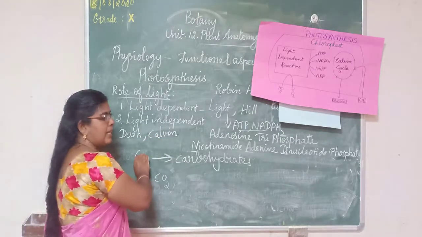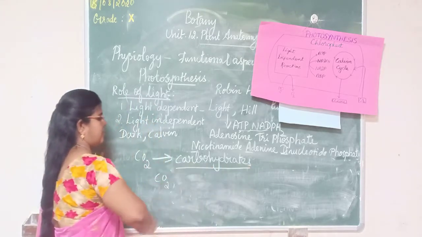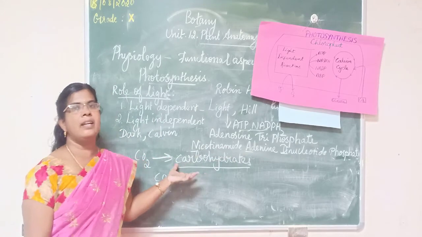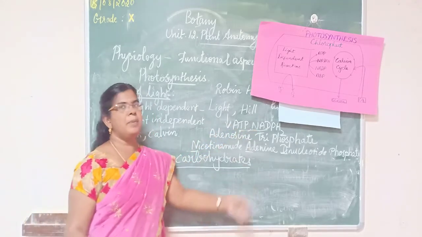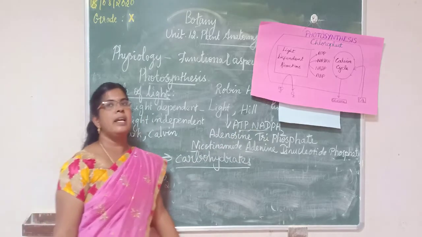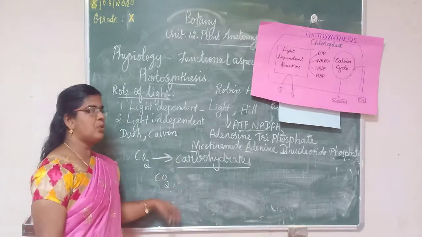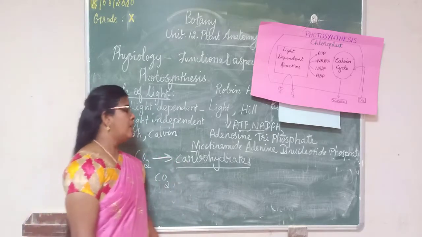During dark reaction, CO2 is reduced into carbohydrate. For this reduction, plants utilize the ATP and NADPH2 generated by light reaction. So the inputs of Calvin cycle are CO2 and the energy-rich compounds ATP and NADPH2.